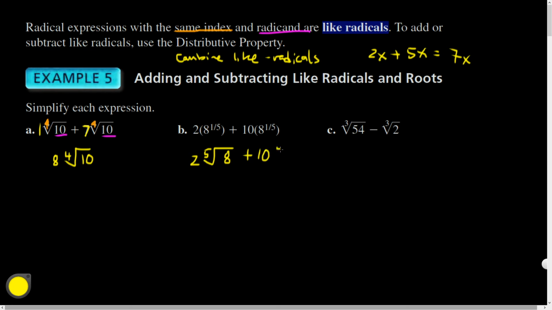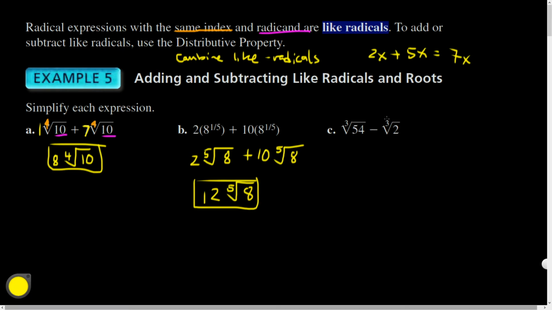So we'd be able to write it this way, where the denominator of the exponent becomes the index of the radical. And if I've got 2 fifth roots of 8 plus 10 fifth roots of 8, how many fifth roots of 8 do I have? 12 fifth roots of 8. Excellent. Let's go back and put a box around this one too.